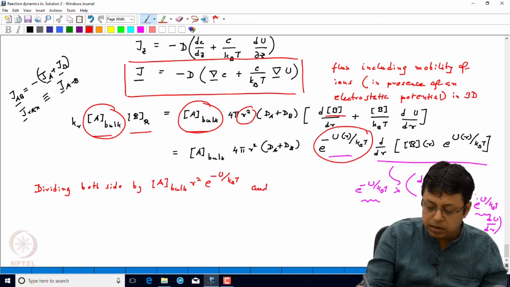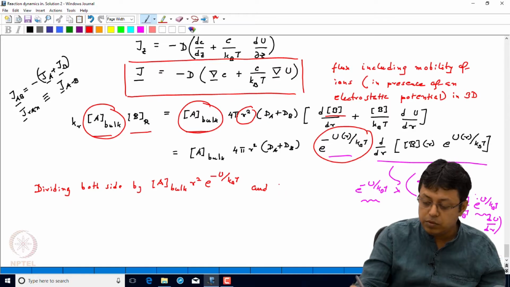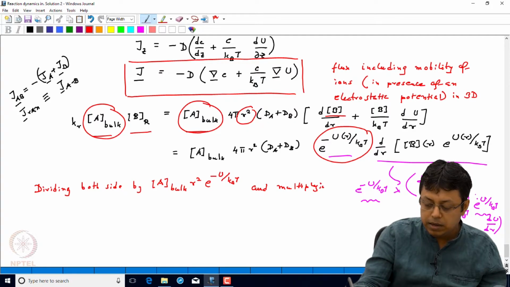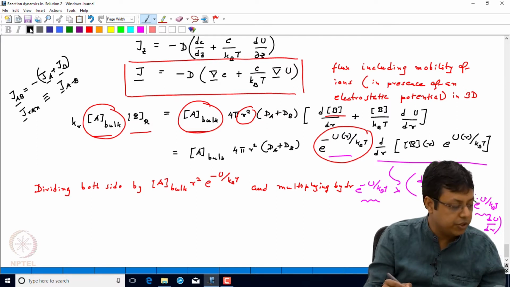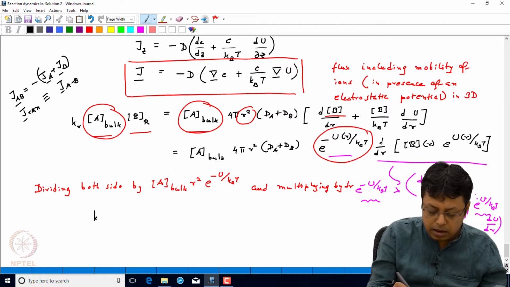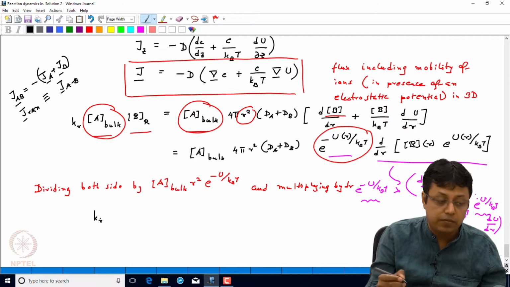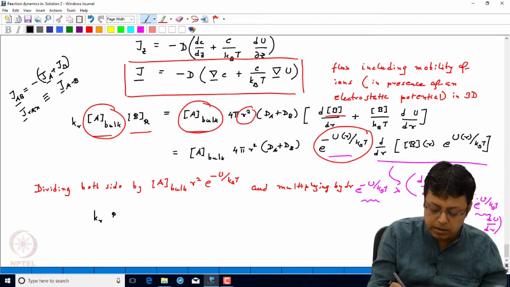And since I'm doing the r integration on my left, we have to multiply it by dr. Then we get a very interesting expression: k(R), where this capital R is the reactive rate, remember.